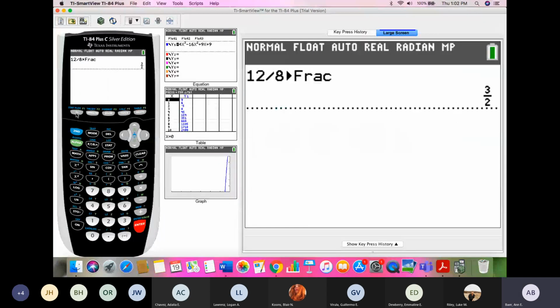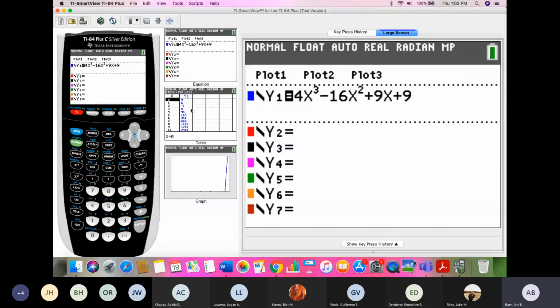So I'm going to go into y equals. Rather than trying to keep track of exponents and all of that, I'm going to have a fresh start and click on the clear button. So I'm going to do 7x, caret 3, right arrow, 19.